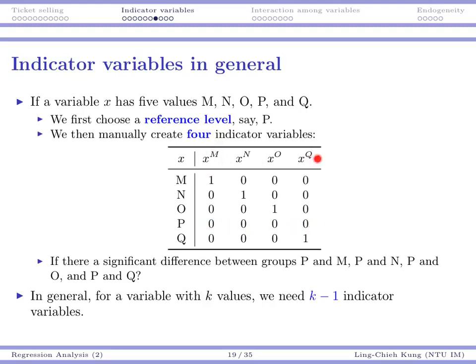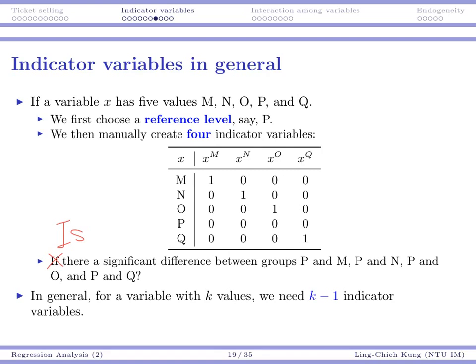For the other 4, it would become 1 if that corresponding value exists for X. Okay? So, what we may answer is whether there is a significant difference between P and M, P and N, P and O, and P and Q. That's something we may answer. But we can say nothing about the difference between M and N and O, or something else.